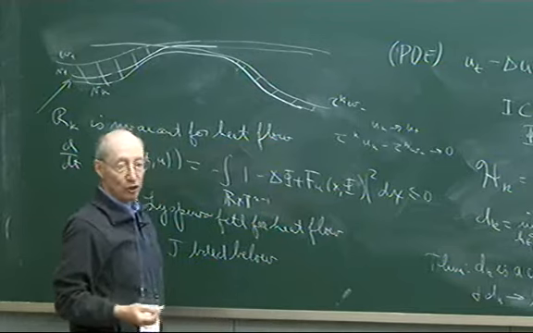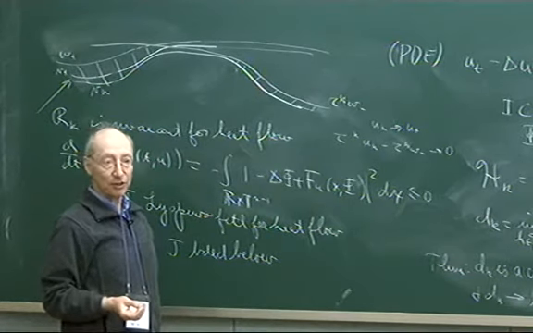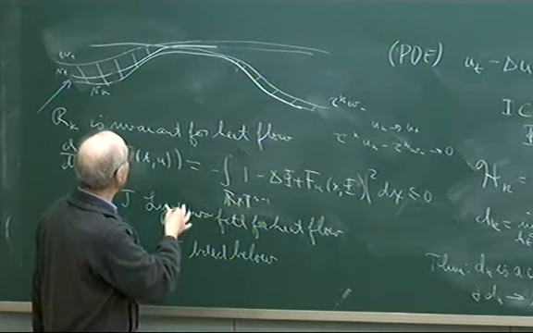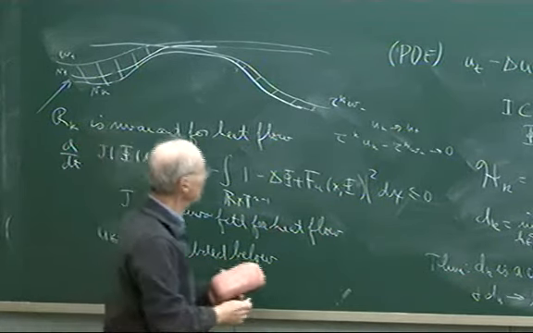Suppose you wanted to glue two mountain pass solutions. Well, you can use the same sort of idea to construct an invariant region.